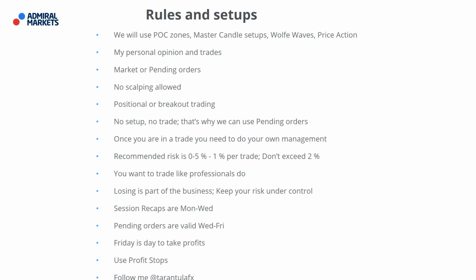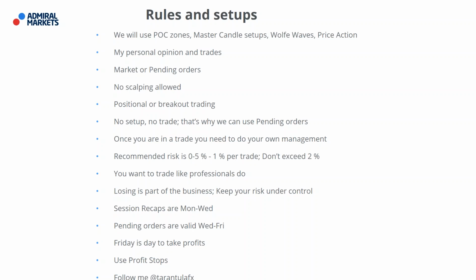Don't exceed 2% per trade, and 5% is the maximum risk you want to take per day, but only if you're experienced. If you are a new trader, try to stick to 2% per day. I want you to have your account safe. You want to trade like professionals. Losing is part of the business. Keep your risk under control.